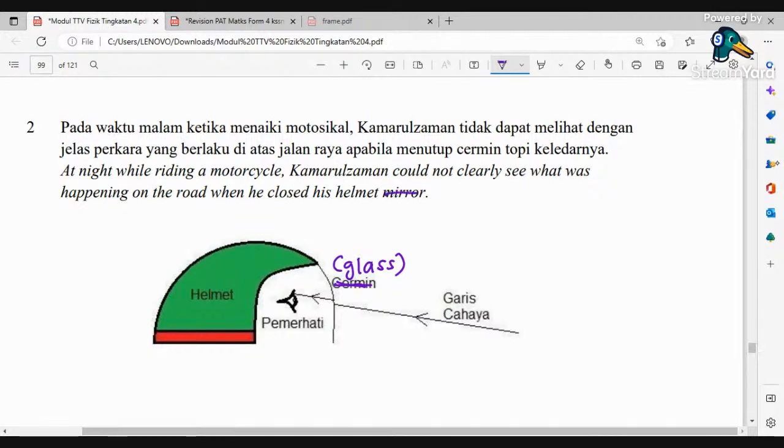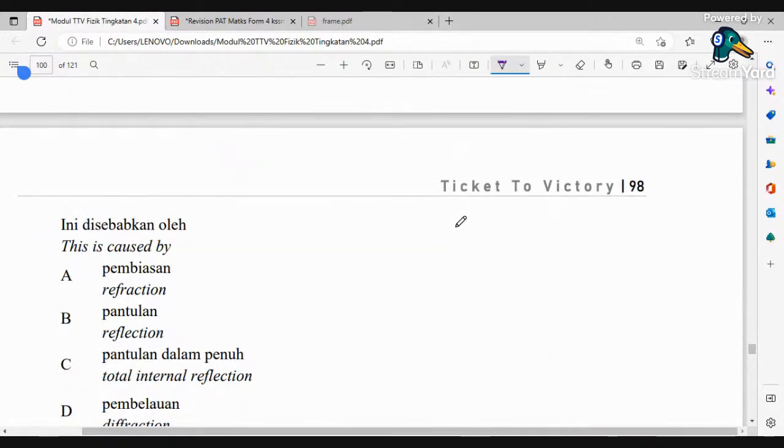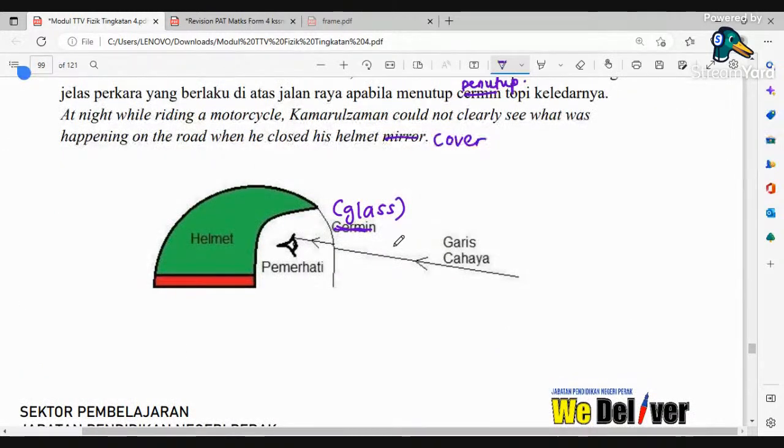Okay, actually I could say this one is helmet cover, which is made of glass. I don't want you all to get confused. So it's cover which is made of glass. So what happens? This is caused by, as you know, when light travels from air to glass, nampak tak di sini ada bending.